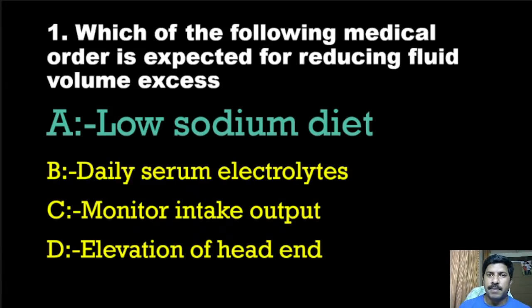So these are the main measures. Or sometimes, as medical management, we give diuretics to excrete the excess fluids. These are some interventions for fluid volume excess. The main thing is that we can reduce the sodium diet.